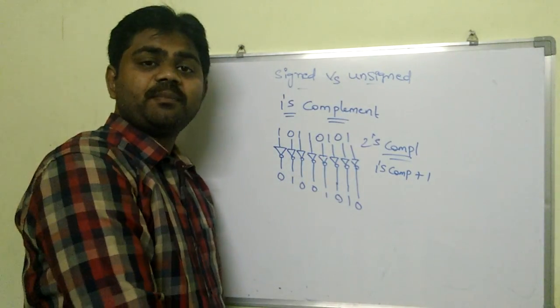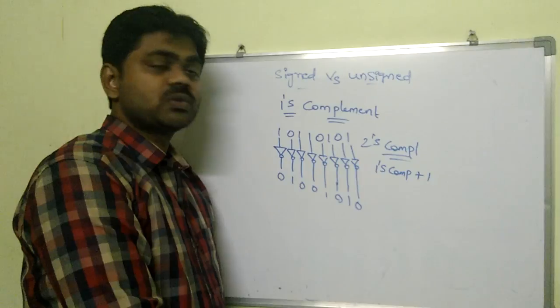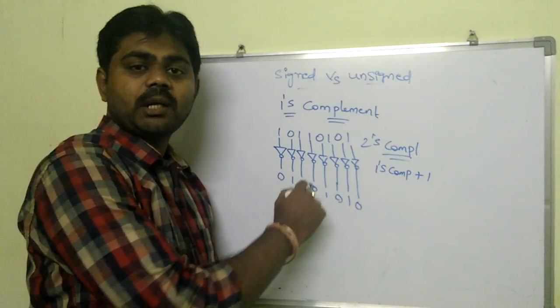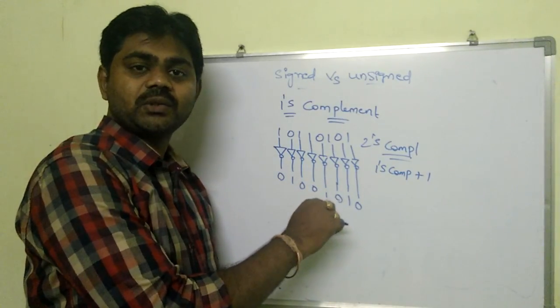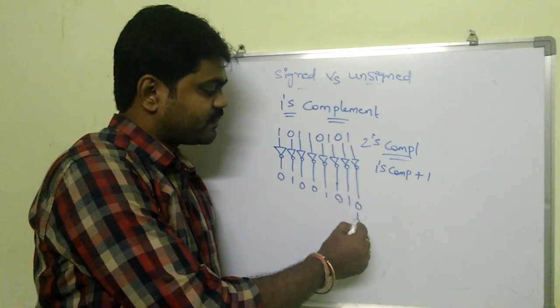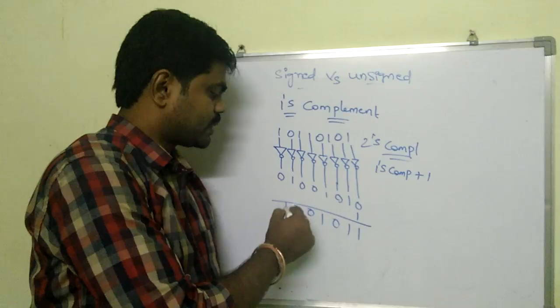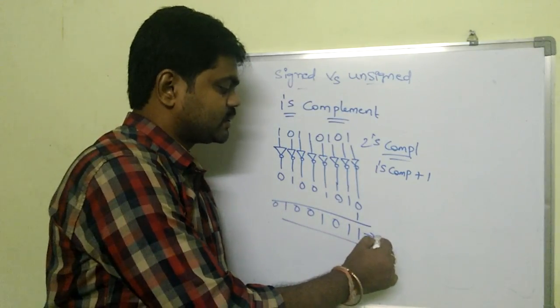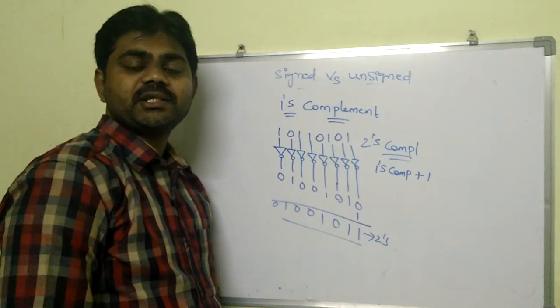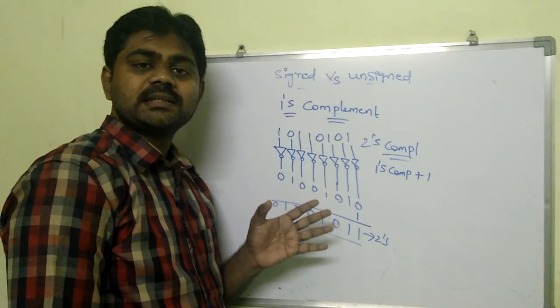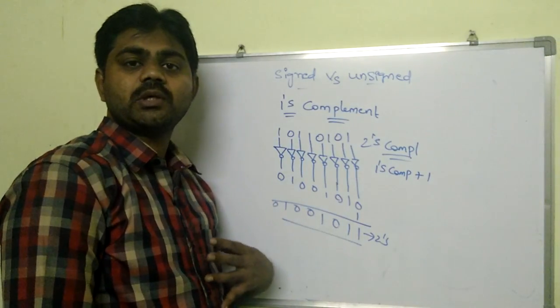For this example, if I want to apply 2's complement, I already applied 1's complement for this. Just adding 1 to this, we will get the 2's complement. So 1, 1, 0, 1, 0, 0, 1, 0. So this is the 2's complement representation. So this is the difference between 1's complement and 2's complement.